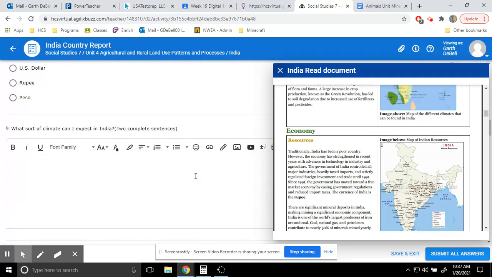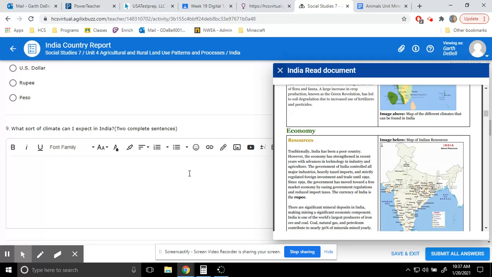All right, now I made some changes to some of the questions. I removed some that I felt were repetitive, and then I changed up some of the other ones, how they asked for, and sometimes what they asked for. So these are a little different than they were last time. So number 9 here, what sort of climate can I expect in India? The only change here is I added a requirement for 2 complete sentences.